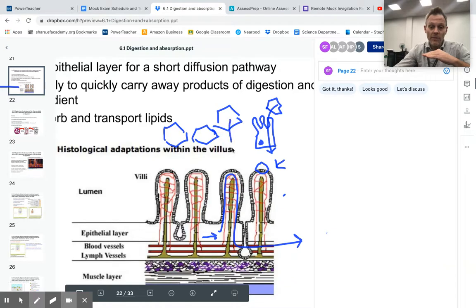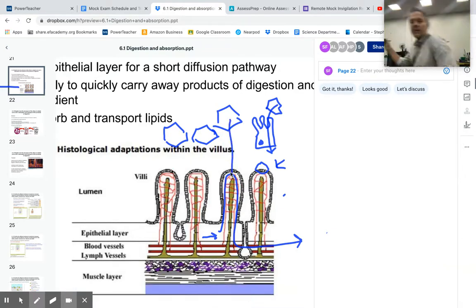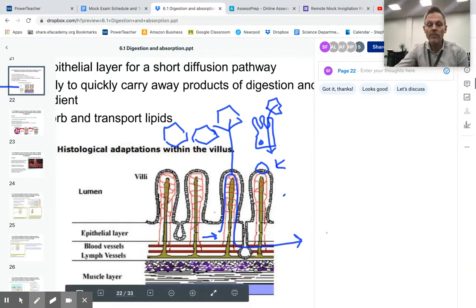They're going to diffuse from high concentration to low concentration, and that low concentration will be in the blood. So by constantly bringing in fresh blood, you've created a low concentration in the blood in relation to the high concentration in the lumen of your small intestine. So that helps us maintain that concentration gradient.